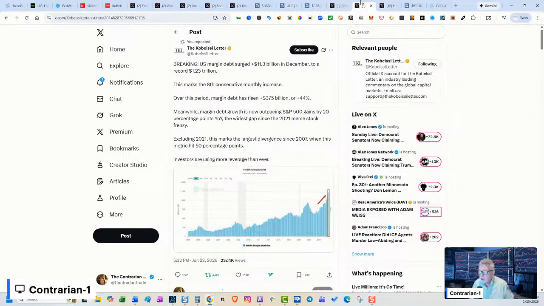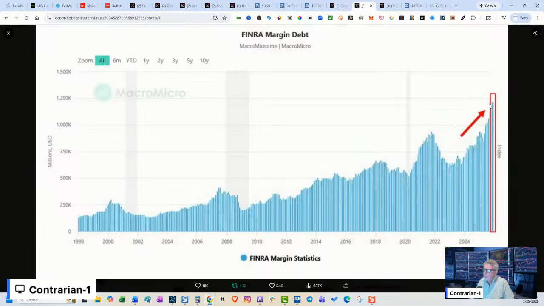Margin debt. As a contrarian, I look at this and I say, okay, if I'm asked what's going to help drive my short lower, in my case, what's going to drive equities down? Well, at some point in time, all these people with record margin debt are going to wake up and they're going to get a call from their brokers saying, you need more money in your account.